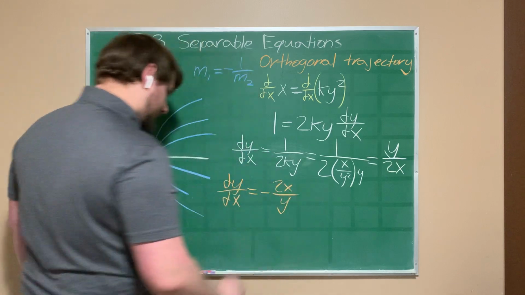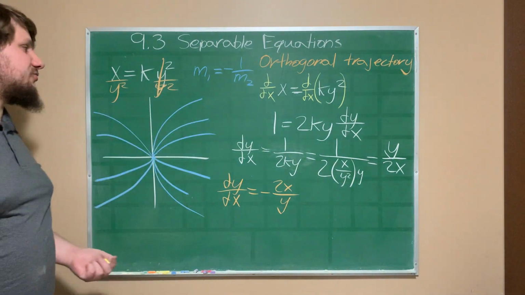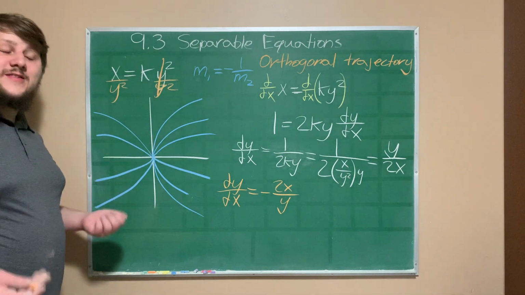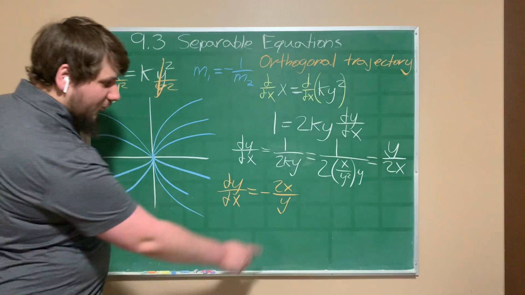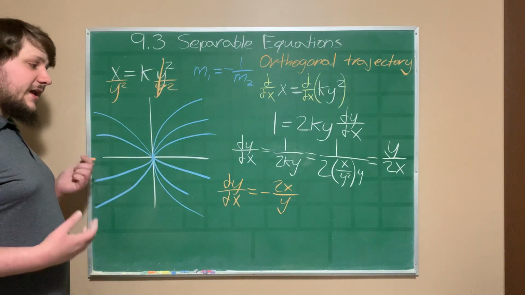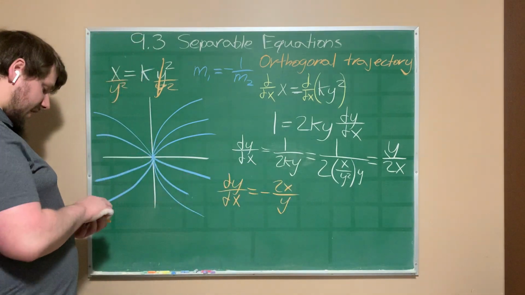Okay, so now that I have this differential equation written here, I want to solve it because my goal is to actually find these orthogonal trajectories, actually find the functions that are orthogonal to this. So this is a separable equation because I can multiply both sides by y to move all of the y's to the left side, and I can multiply both sides by dx to move all of the dx's to the right side.